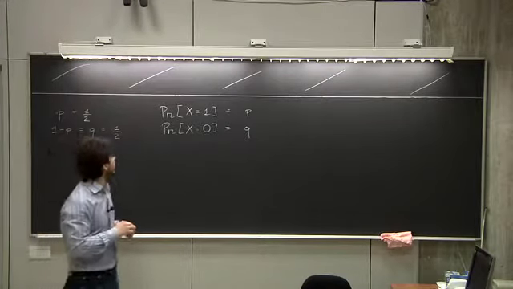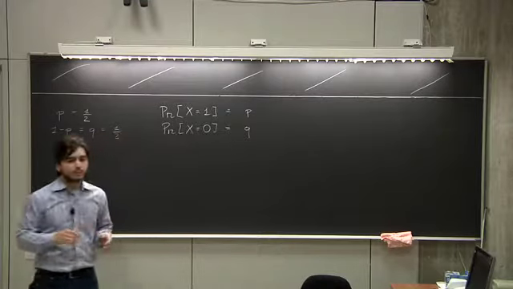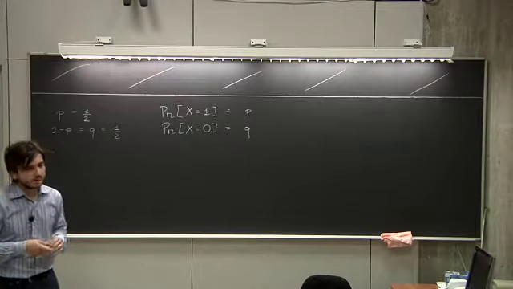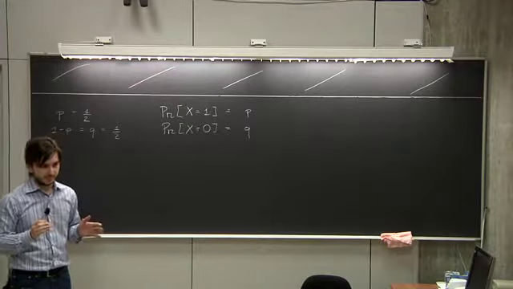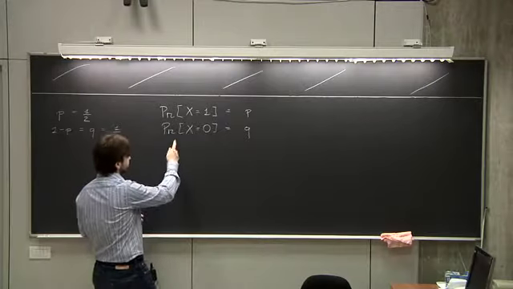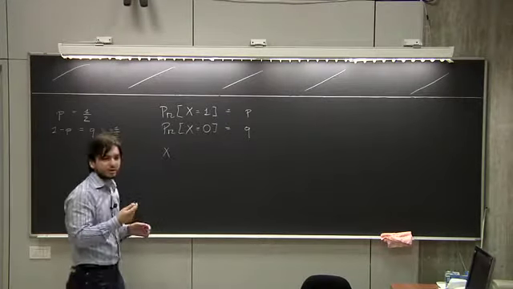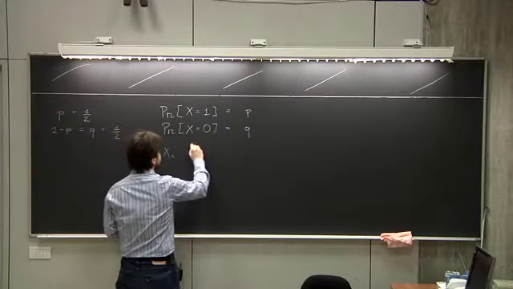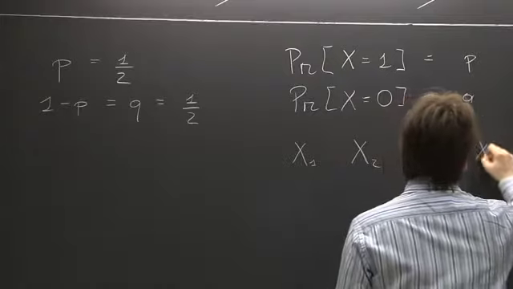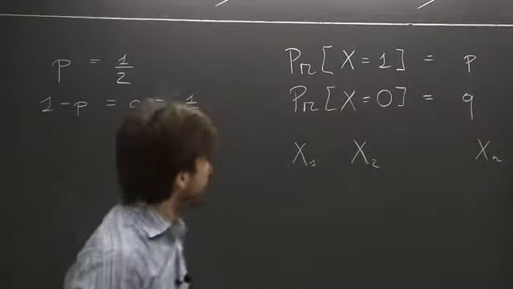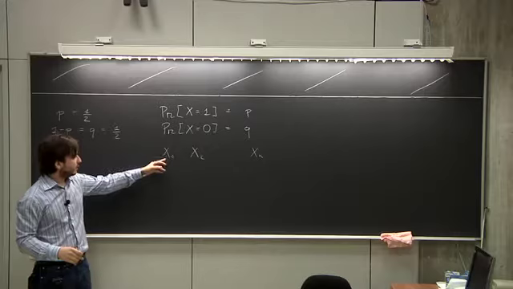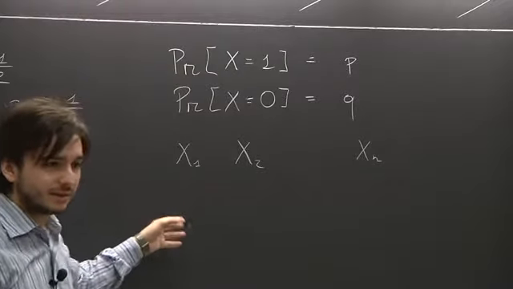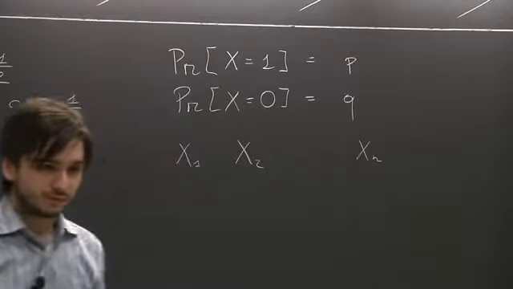Now suppose you repeat this experiment, like rolling a die or tossing a coin, many times, say n times, and you associate different random variables to each repetition: X1 for the first repetition, then X2, and then Xn. The probability that each is 1 is P, and that each is 0 is Q, and this is true for all these random variables.